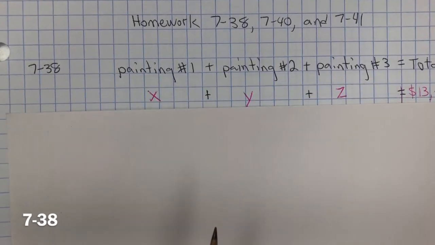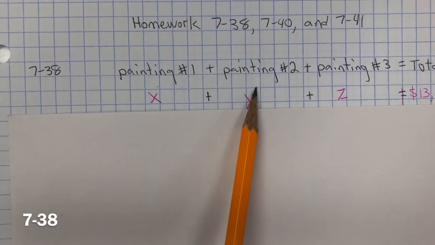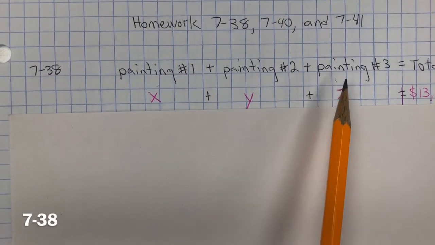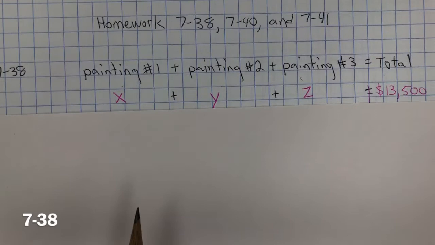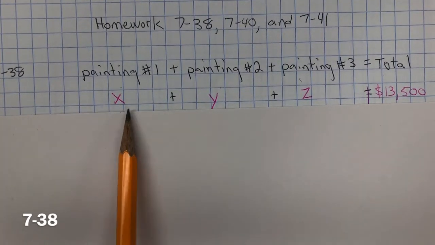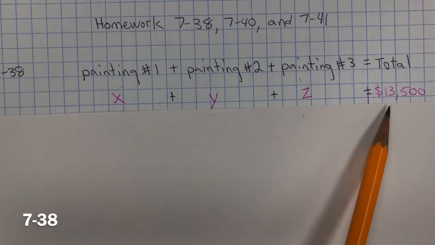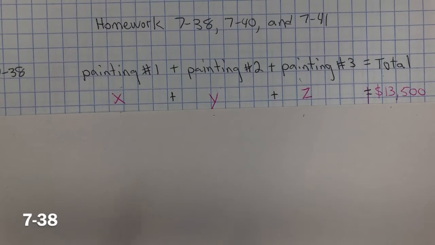Well, you have painting number 1, painting number 2, painting number 3 equals the total. So you have X painting, Y painting, plus Z painting equals 13,500.